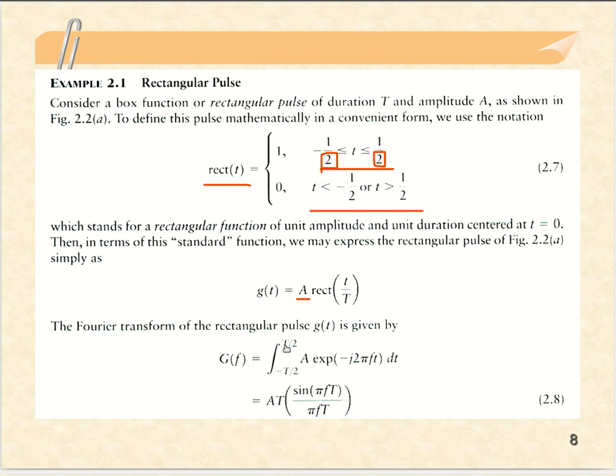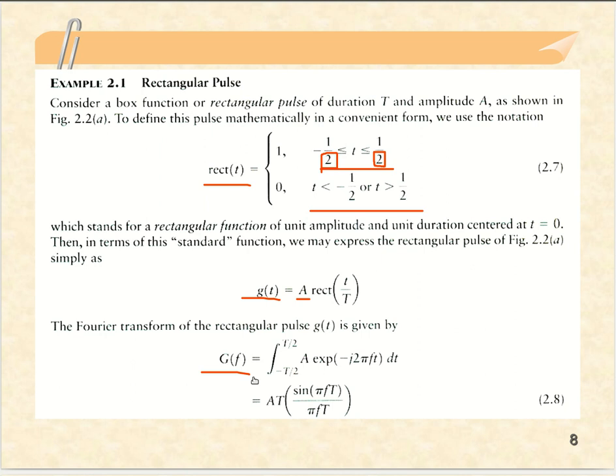Now let's take the Fourier transform. I want to see it in the frequency domain. So let's take the integral from minus infinity to infinity of g of t times exponential of minus j2 pi f t dt.